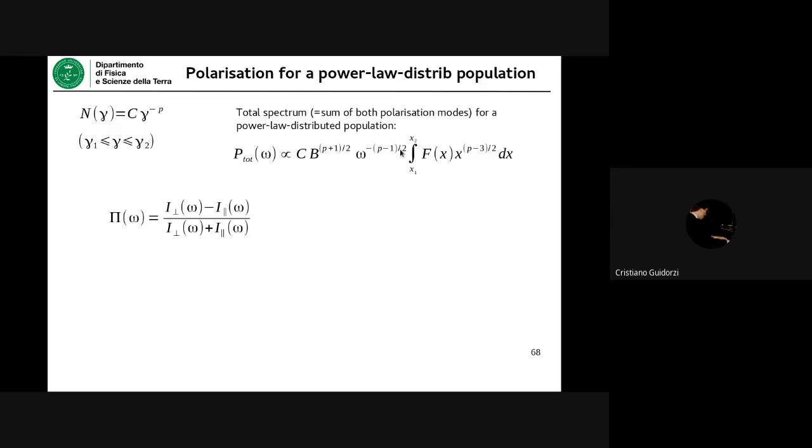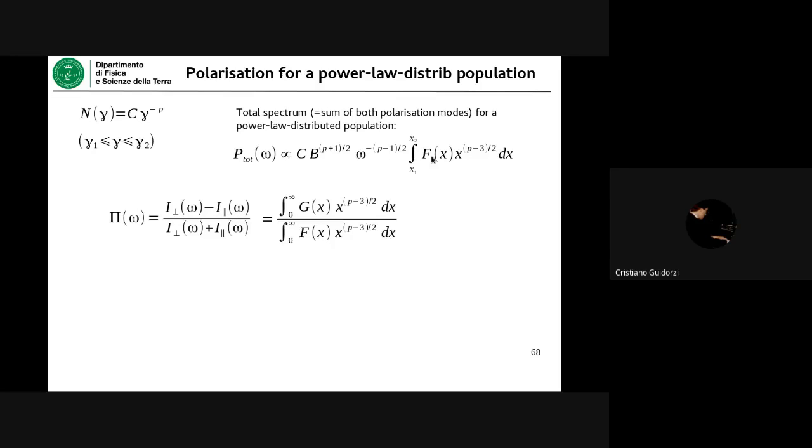Now, what we are supposed to do is just to calculate the intensity, keeping separate the two polarization modes, and we have to calculate them for the entire population. But if you work out the very same integral that we did here, in this case you have to consider the individual formulae for I perpendicular and I parallel.